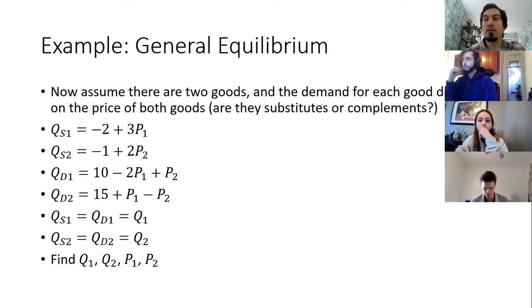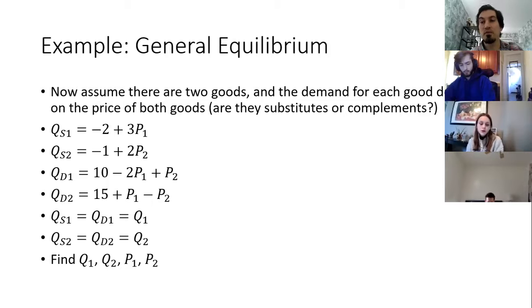I mostly agree with what Amina just said, at least for practical purposes. For practical purposes, we don't need to think of QS1 and QD1 as different variables. Remember what that means. QS1 is the quantity supplied of good 1. QD1 is the quantity demanded of good 1.